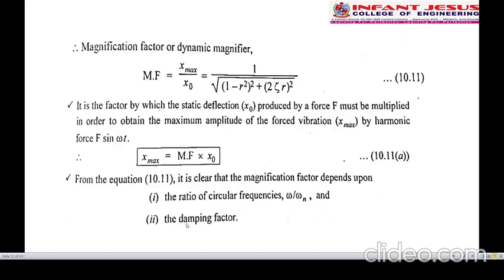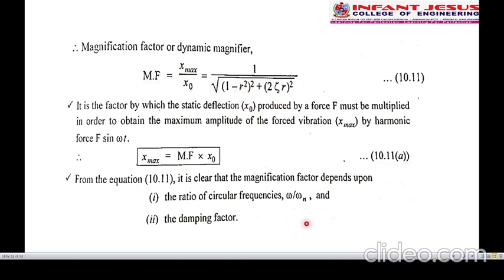So here is the magnification factor formula, written as x max equal to magnification factor into x naught. In this formula, it is clear that the magnification factor depends upon two things. One is the ratio of the circular frequencies, that is omega by omega naught.